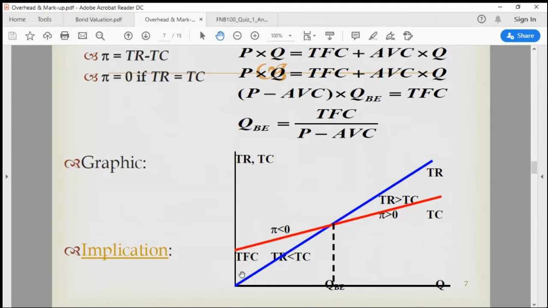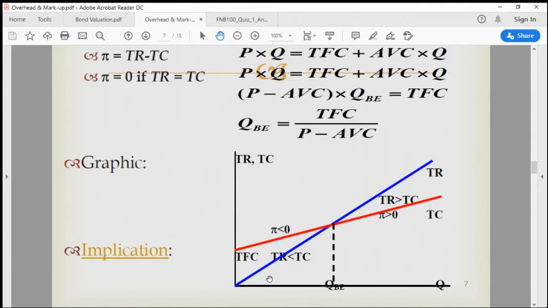For each unit. In other words, your total revenue increases by $500 each. But your total cost increases by the average variable cost, in other words, per unit production cost, which is $300. So of course, their slopes are different.